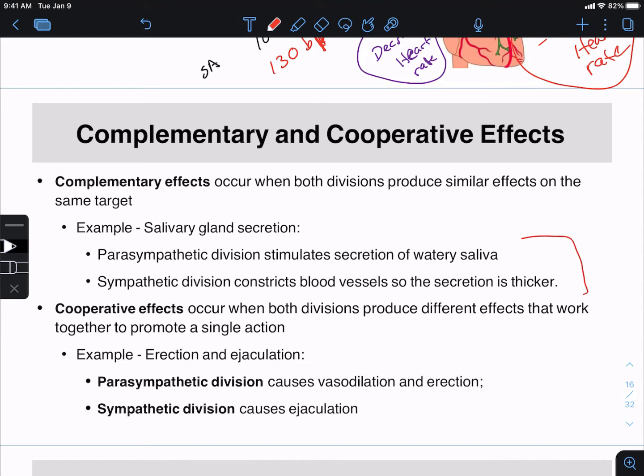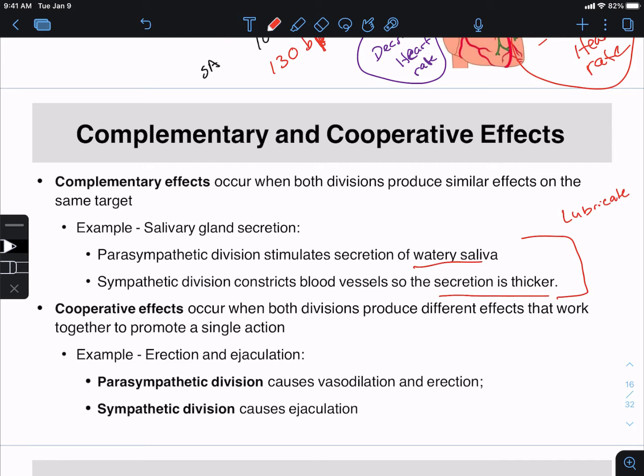I mentioned this earlier, but we get watery secretions due to parasympathetic activity, mucosal secretions due to the sympathetic division, and then complementary effects is essentially, the watery saliva and the mucus both do the same job, which is to lubricate food and help our digestive system swallow that food down through the esophagus without it getting stuck.